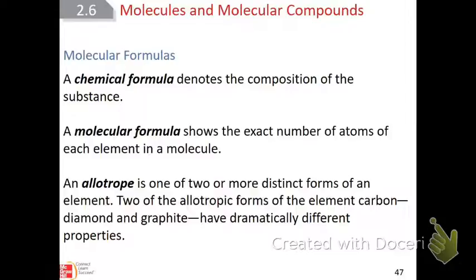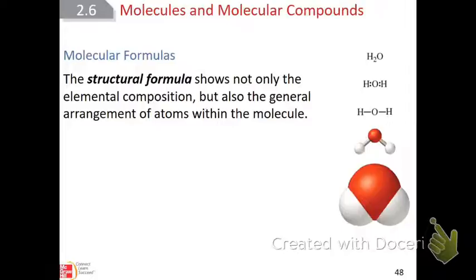So they're called allotropes. And then there's something we usually talk about more in Chem 2, called a structural formula, that doesn't just say what's in the compound, but how it's put together. I can tell you that a car is made out of rubber and fiberglass, but if I don't show you how it's put together, there are lots of different things made out of the same materials.